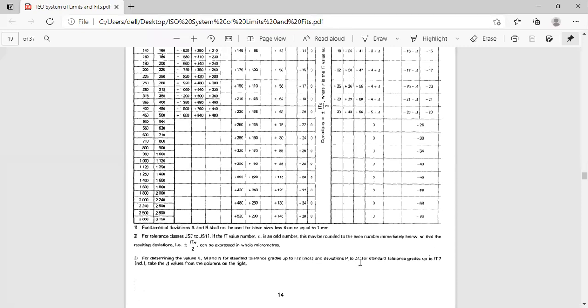So you just try to see in the graphical presentation where the P to ZC fall. They will be representing from IT7 including, and you don't try to remember this because this will not be asked. The third case is not asked much, but at least you try to remember how to take for capital JS, JS7 to JS11, that formula plus or minus IT n by 2.